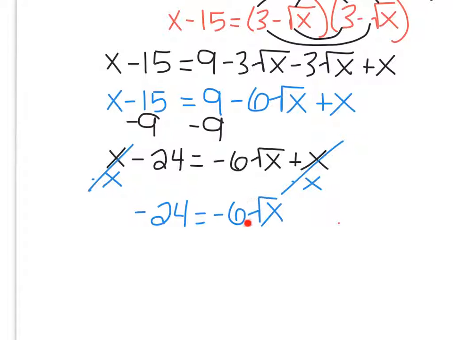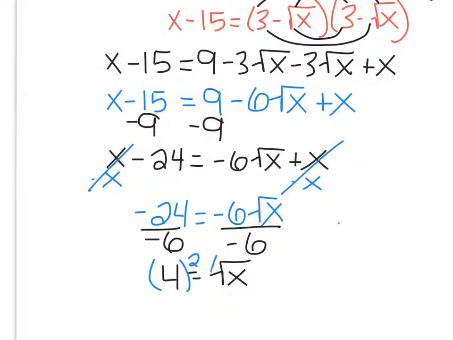This radical is still not by itself. We're going to need to divide by negative 6, which will give us positive 4. It's finally by itself, so we can square both sides. So x will equal 16.